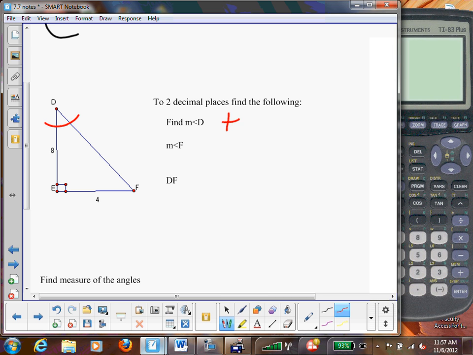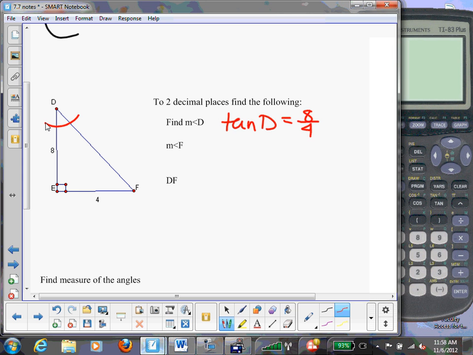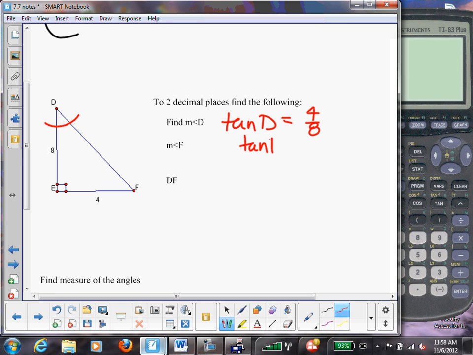We're going to say that the tangent of D is equal to 8/4. No, sorry, how about 4/8? So the tangent of D is equal to 1/2, correct? You don't have to reduce it. The calculator will figure out the right value no matter if you use 4/8 or 1/2.